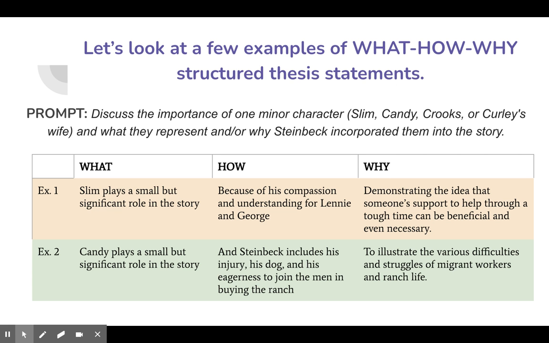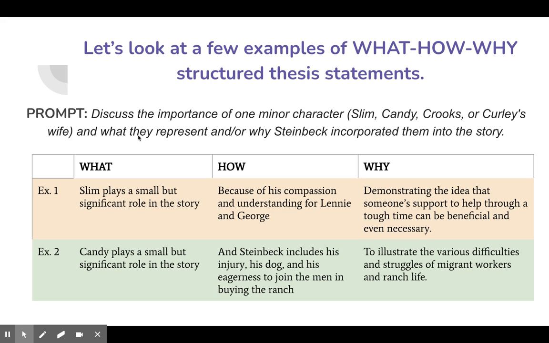Here are a couple of examples of what, how, why structured thesis statements for this sample prompt for Of Mice and Men. The prompt is: discuss the importance of one minor character. You could pick Slim, Candy, Crooks, Curley's wife, and what they represent, and or why Steinbeck incorporated them into the story. If we were to choose Slim, the what would be: Slim plays a small but significant role in the story.